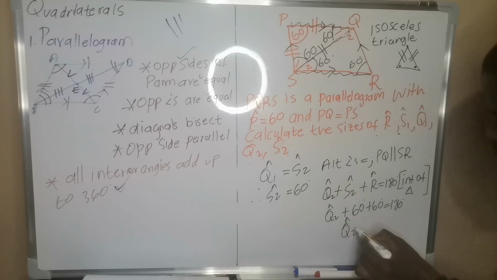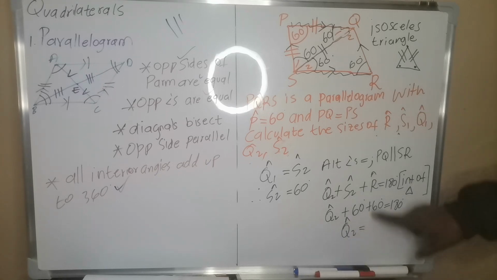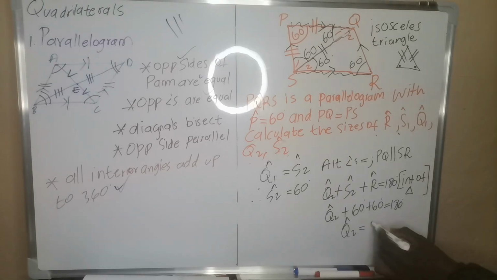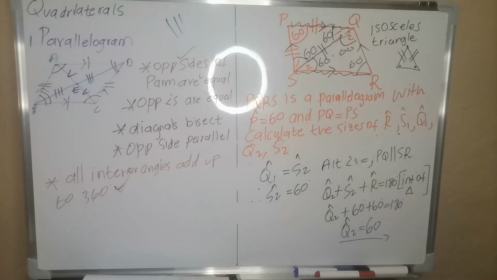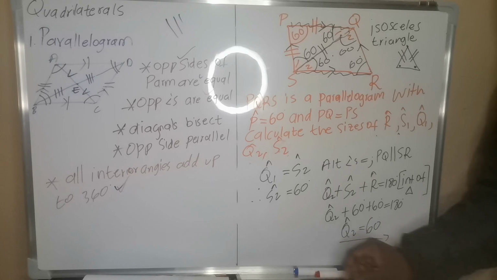Therefore, I transpose the 60 and 60 to the right and say 180 minus 120 is 60 degrees. This is my final answer, guys. Q2 is 60 degrees. Then you are done with such questions of parallelograms. I hope you understand what's happening here. In the next video, we're going to deal with the rhombus. Thank you very much, guys.